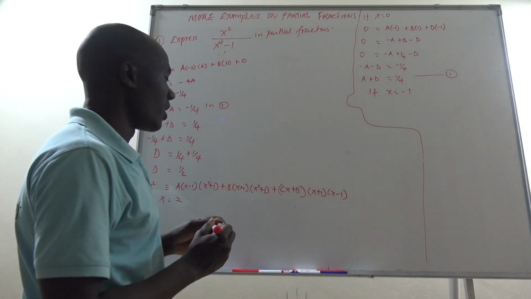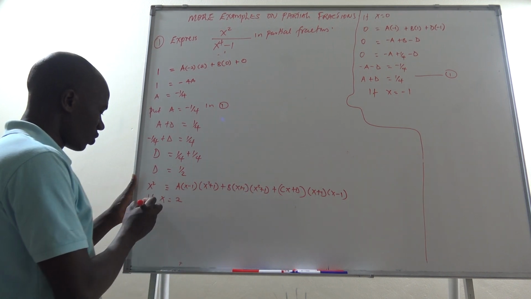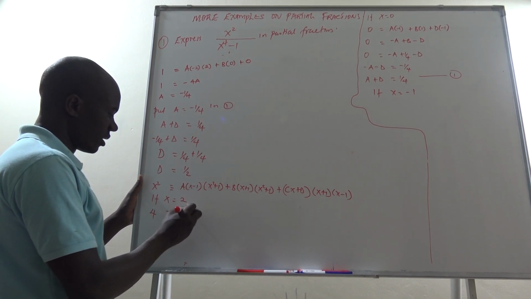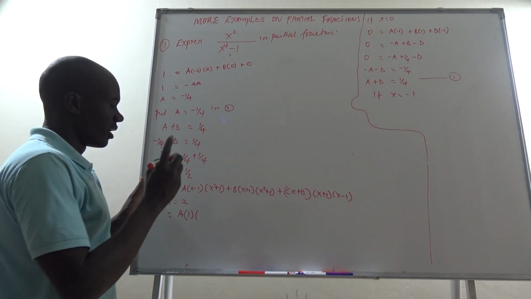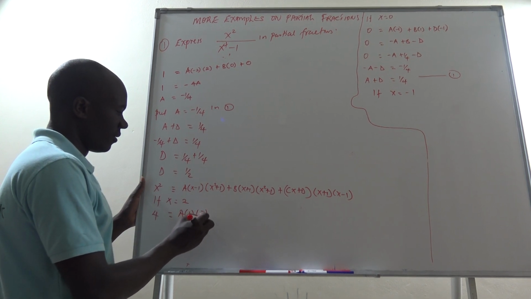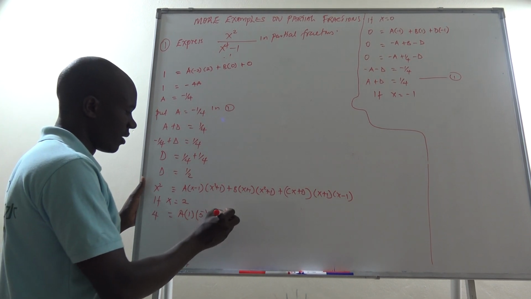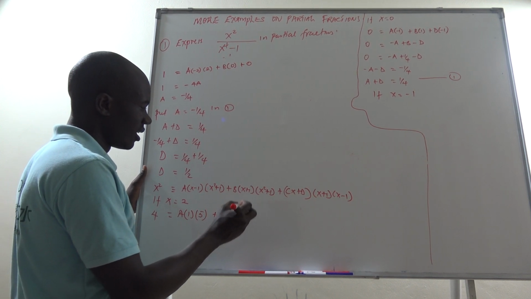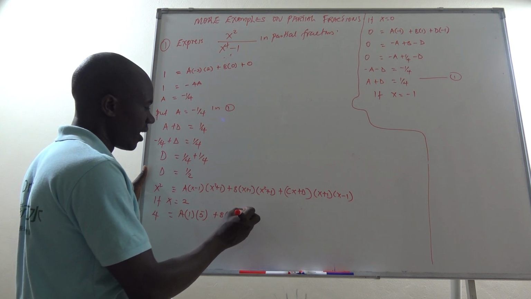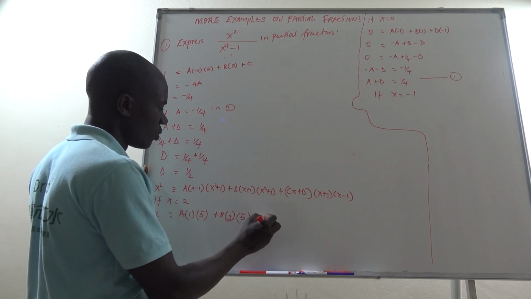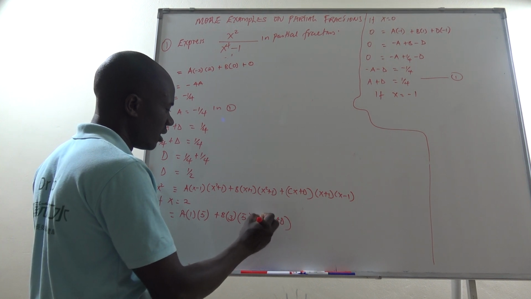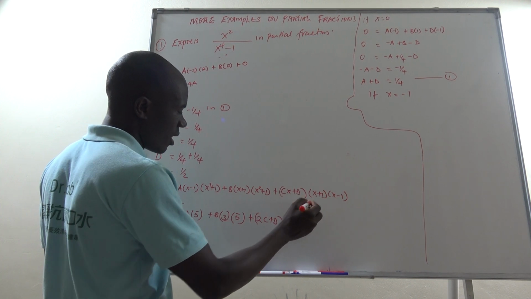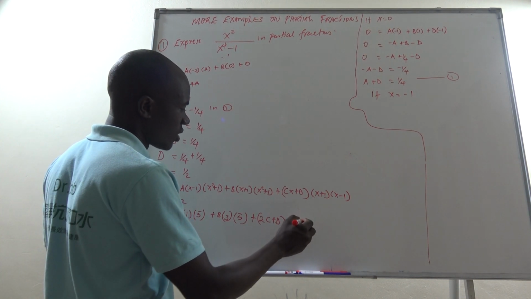if x equals 2. Can we substitute in the value of x equals 2? We substitute. What is 2 squared? We are getting 4, which is equal to a into 2 minus 1, we are getting 1 into 2 squared, we are getting 4 plus 1, it is 5, plus b into 2 plus 1, we are getting 3, into 2 squared, we are getting 4 plus 1, 5, plus, this is 2c plus d into 2 plus 1, we are getting 3, 2 minus 1, 1.